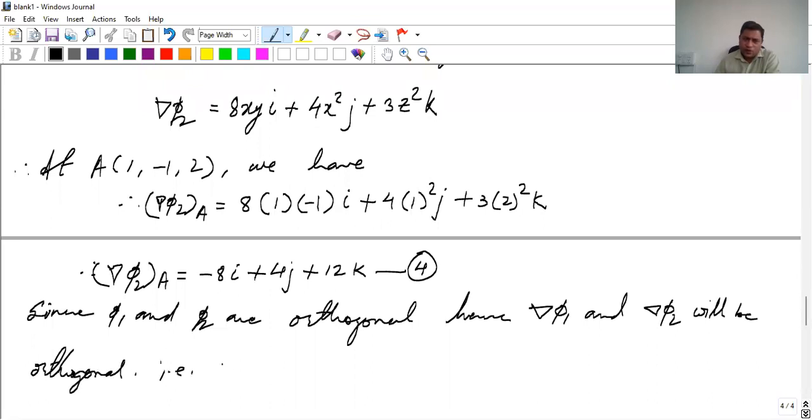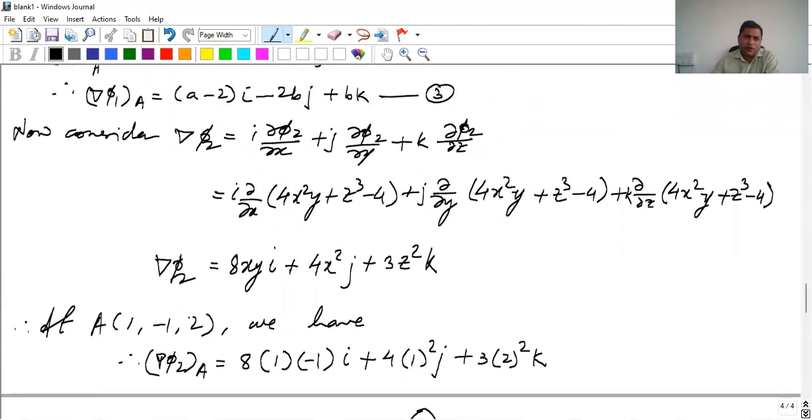That is, what we know is del phi 1 dot del phi 2 is equal to 0. So let us have this del phi 1. So what is del phi 1?